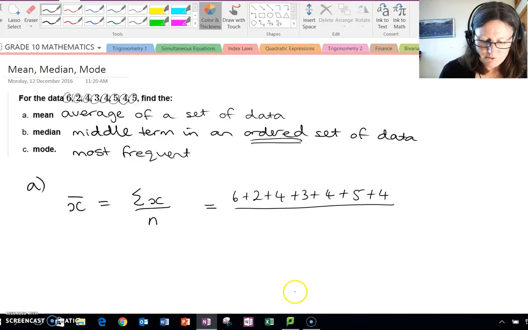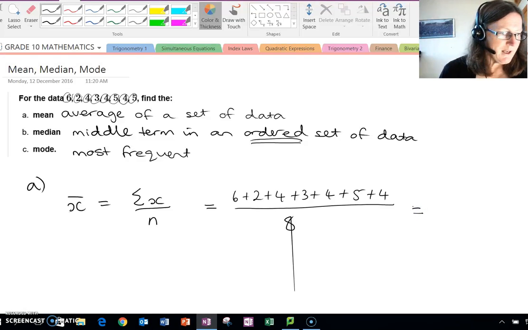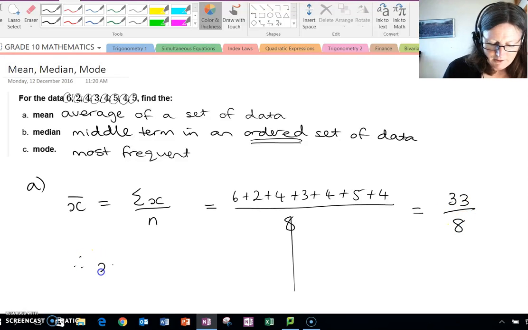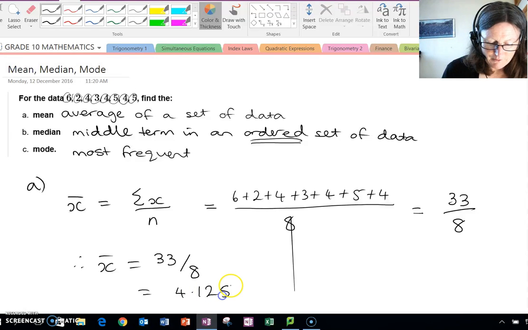There's 8 scores, so we divide it by 8. Once we add up the top, that adds up to 33. So the mean is equal to 33 divided by 8, which is 4.125. So that's our mean or our average.